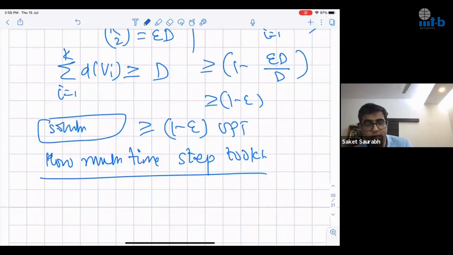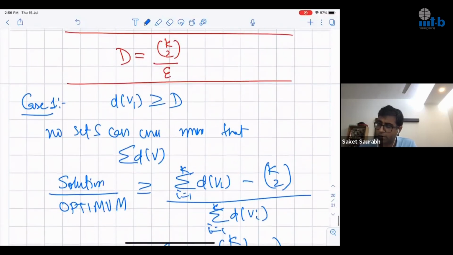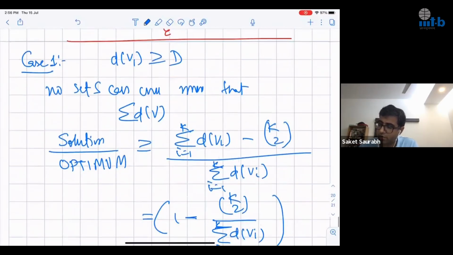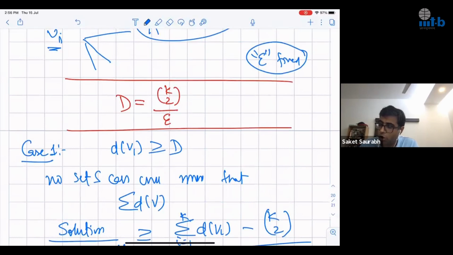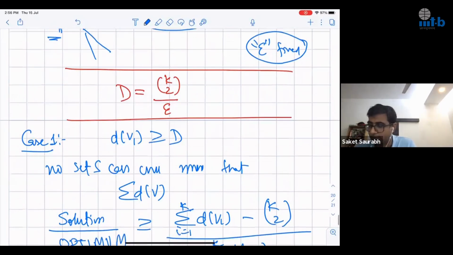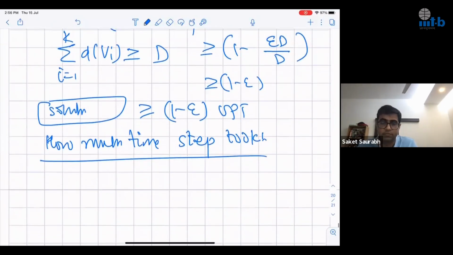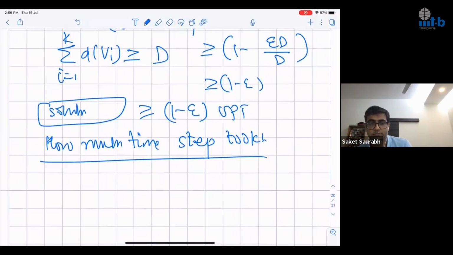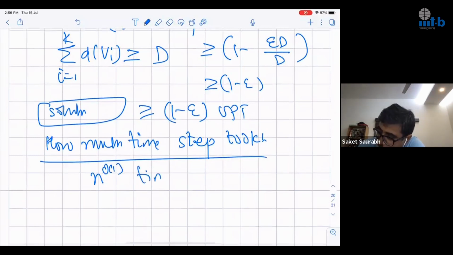It looked at the vertices and sorted them by their degrees. It checked whether the top degree is at least D or not. If it is at least D, then it said, okay, fine, take the top k vertices, and that's your solution. That's all it did. How much time will whatever I just told you take? Yeah, fine. So basically polynomial time. That's all that I needed.